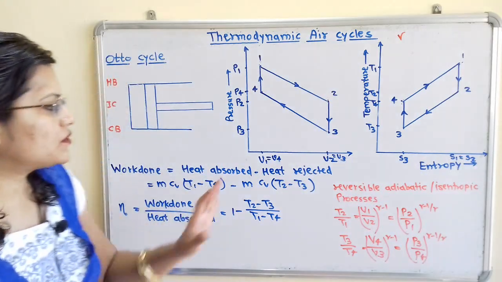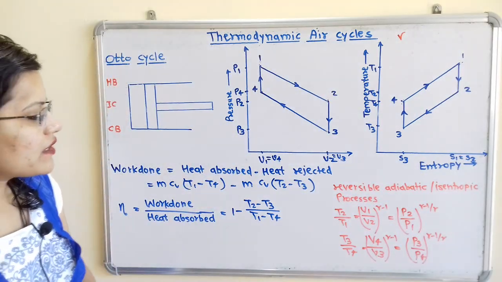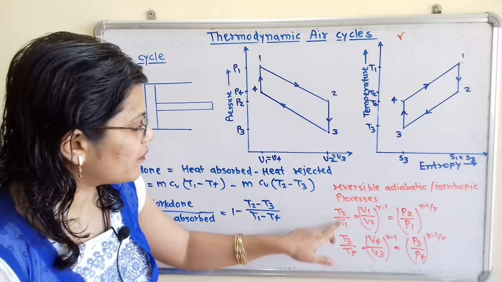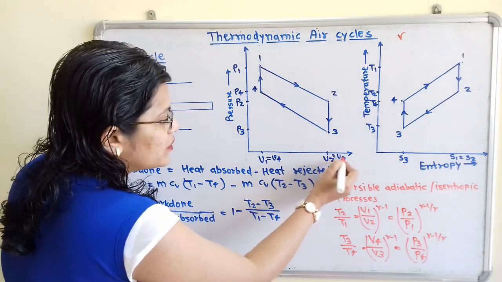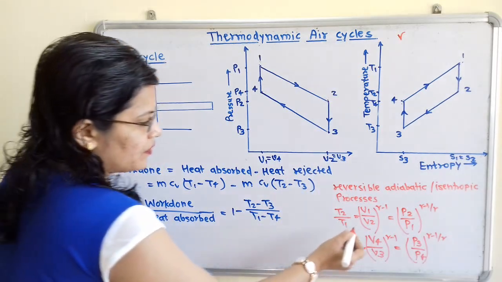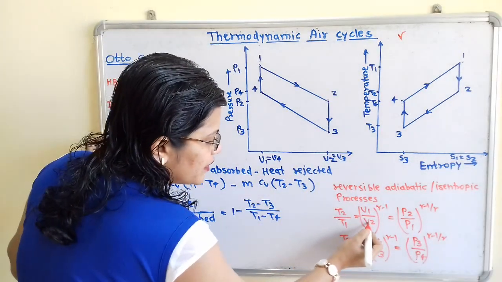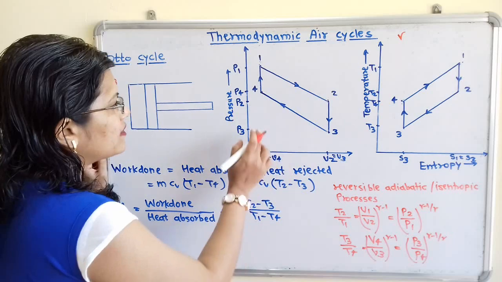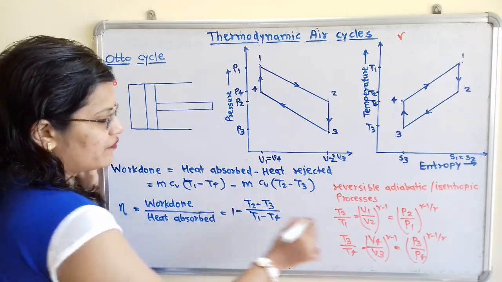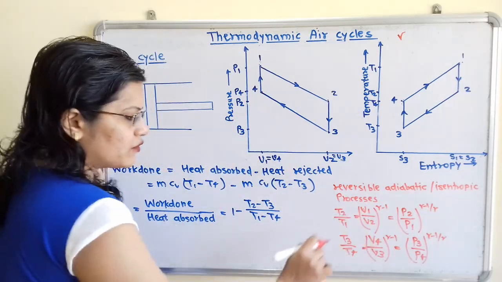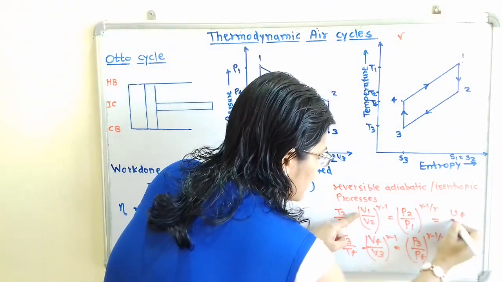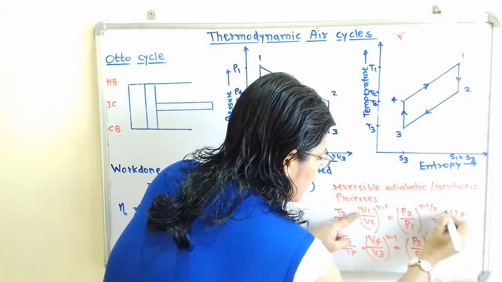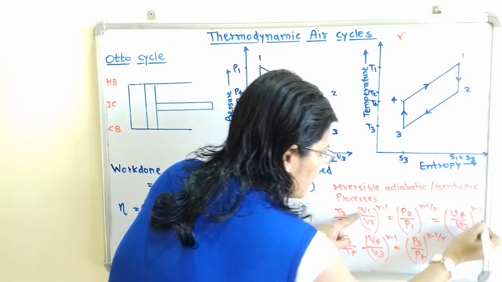Now if we observe this diagram, during the processes 1 to 2 and 3 to 4, V2 is equal to V3 and V1 is equal to V4. So I will write here (V4 divided by V3) raised to gamma minus 1.